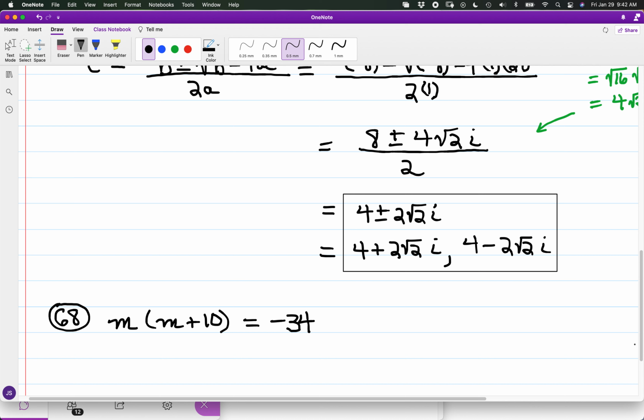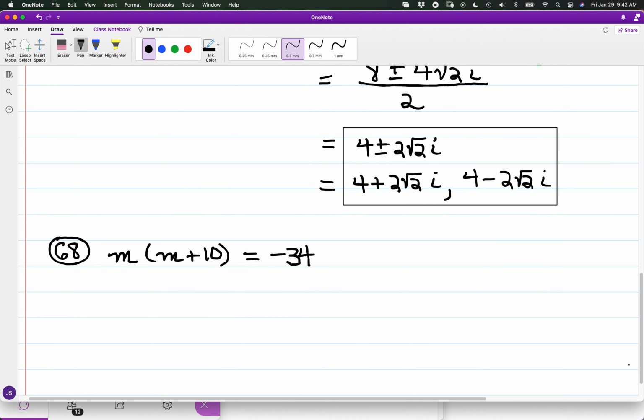Again, there might be a tendency to set m and m plus 10 equal to negative 34, but you do not apply the zero product property unless the equation is set equal to 0. So we're going to have to reconfigure the expression we have in m. Instead of writing it as the product of m and m plus 10, we're going to distribute and untangle what we have on the left.